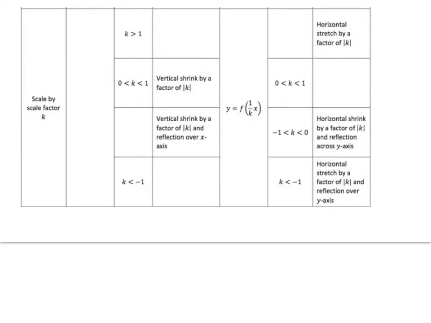Continuing on the vertical side, this is vertical, that's horizontal. We have our scale factors. Scale factor k. So in this spot, I'm going to write, it's going to be easier to write sideways, y equals k f of x.